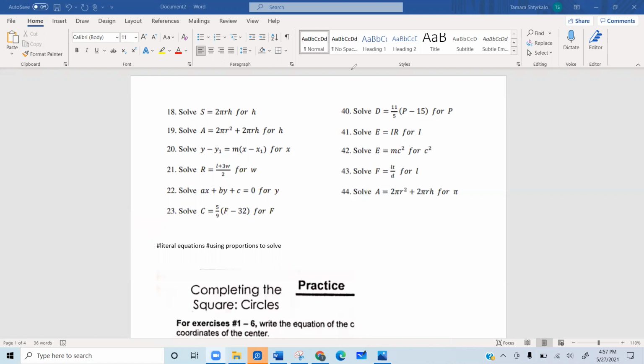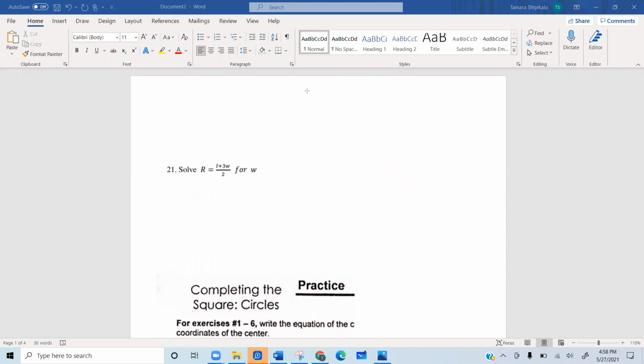And then let's see which other ones are kind of different maybe and worth looking into. I think they're all kind of the same here. Let's do this one. I think that one looks like it might be worth it because I want to show you something interesting, and that is using a proportion to solve equations.